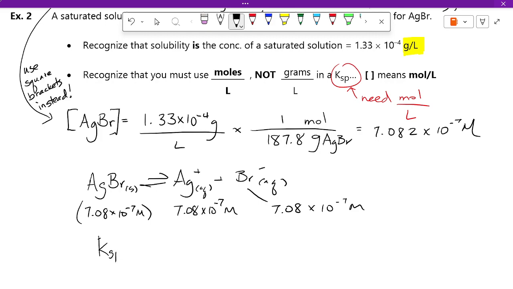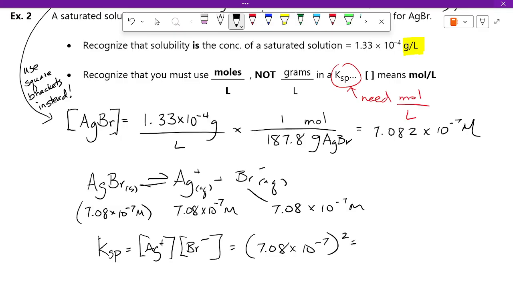KSP equals Ag times Br, which equals 7.08 times 10 to the negative 7 squared, which equals 5.01 times 10 to the negative 13.